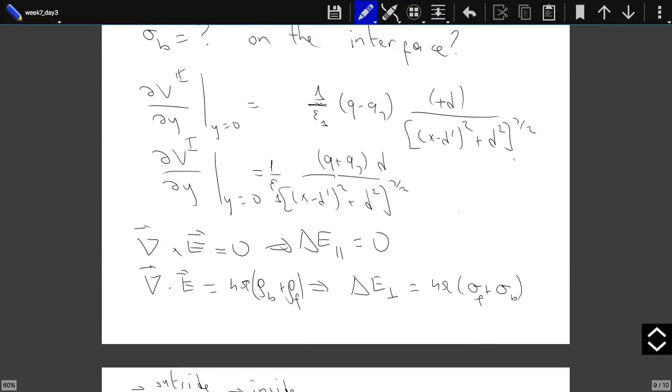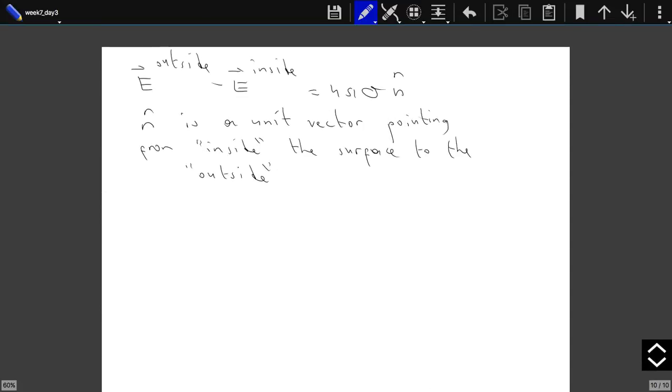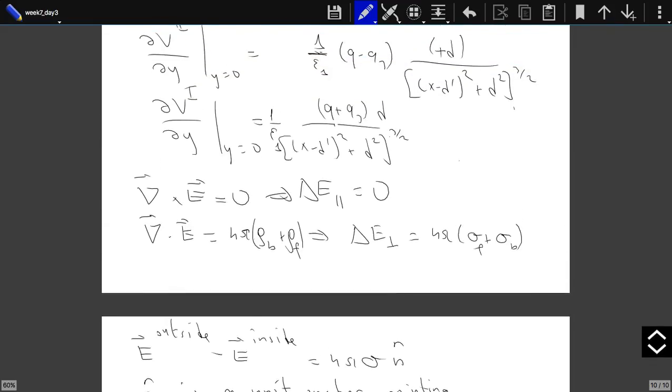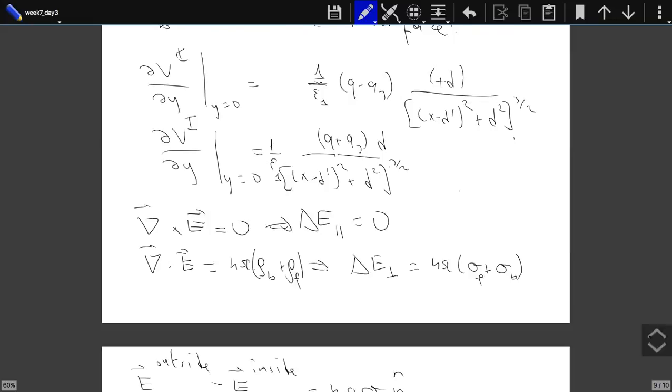So we already know the derivatives of the potential, or the perpendicular components of the electric field. So 1 over epsilon 1 times q plus q3 divided by (x minus d prime) squared plus d squared to the 3/2. This is the perpendicular component of the electric field in region 1, which we identified as the outside.